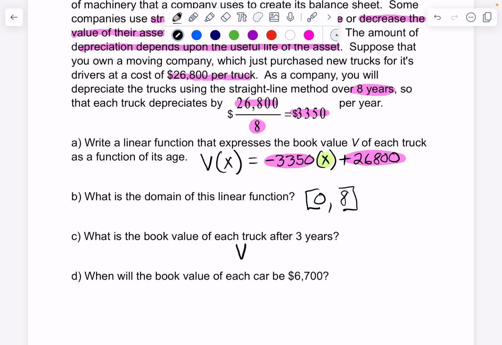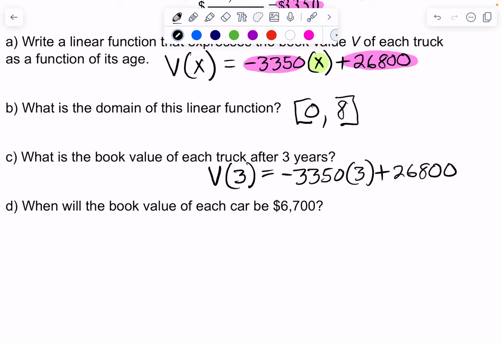So let's go ahead and find V of 3 because X is the age of the truck. I'm going to replace the X with 3, which is the age of the truck, plus $26,800. If I multiply negative 3,350 times 3, that gives me negative $10,050 plus the $26,800 value of the truck.